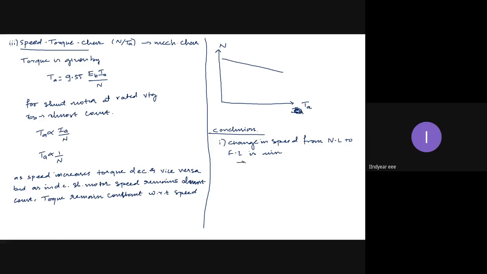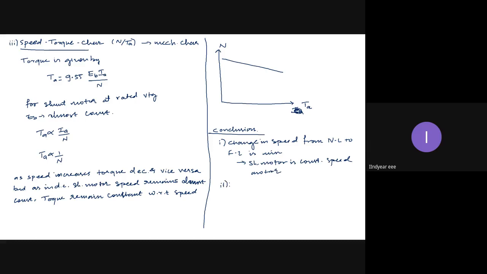Therefore, the DC shunt motor is a constant speed motor.